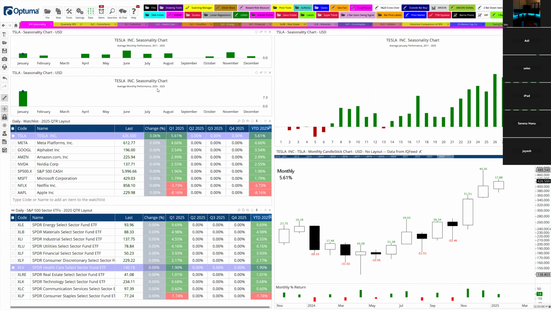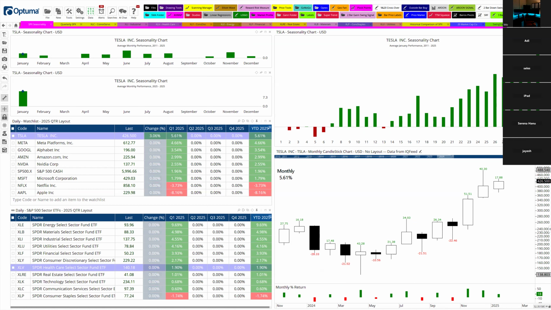This is the actual monthly performance right now of Tesla. This is the average monthly performance of Tesla since 2011 until 2025, and this is the monthly performance so far.